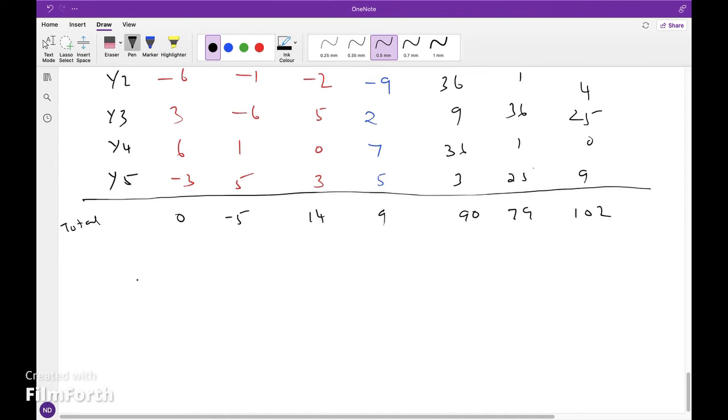Next find capital N. N is equal to 5 plus 5 plus 5, equal to 15. Capital T is equal to 0 minus 5 plus 14, that is equal to 9.